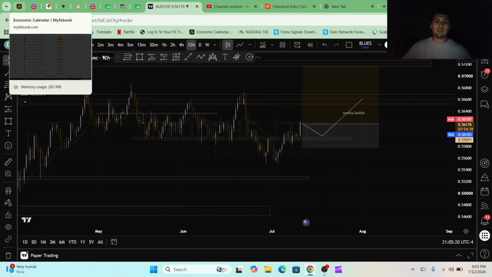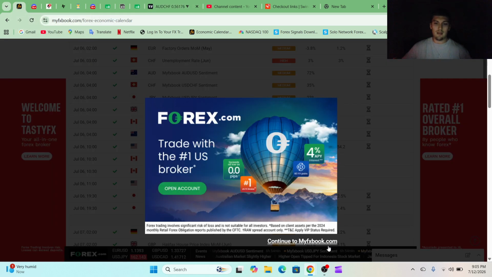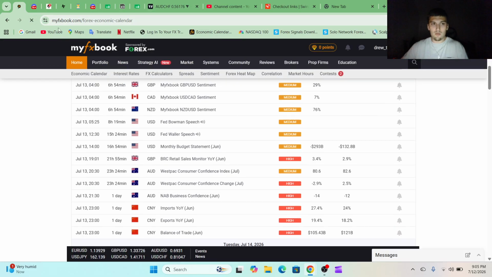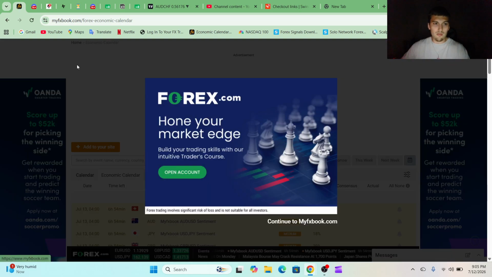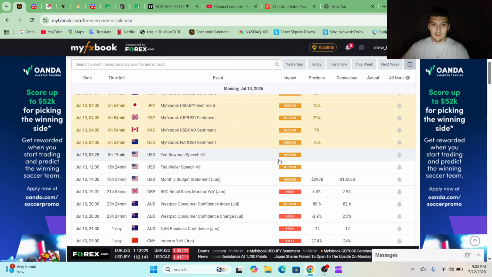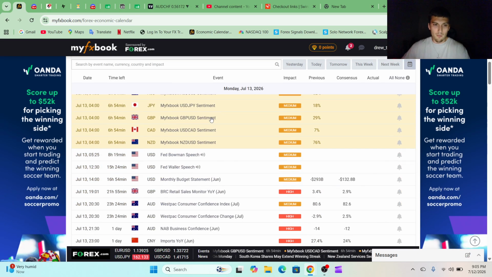How I know that is there is something called the economic calendar, right? So let's go ahead and refresh. You can go to myfxbook.com and the default setting of this website will put you right here, and it'll show you everything that's happening with every major Forex pair for the rest of the week or the month, basically.